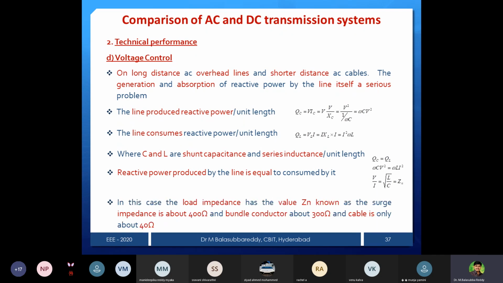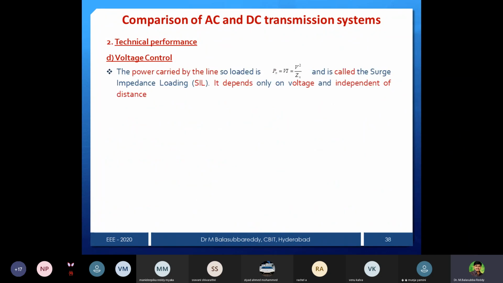That is an impedance. In this case, the load impedance Zn is known as the surge impedance, which is about 400 ohms for lines, about 300 for bundle conductors, and about 40 ohms for cables. So this is the surge impedance.